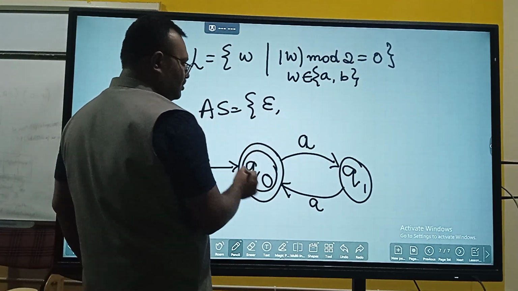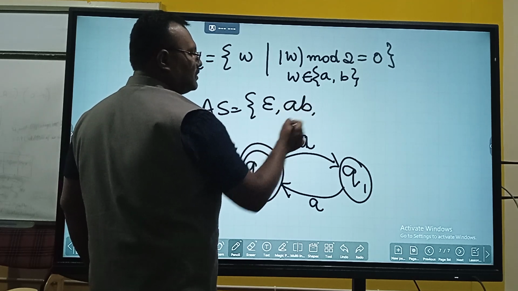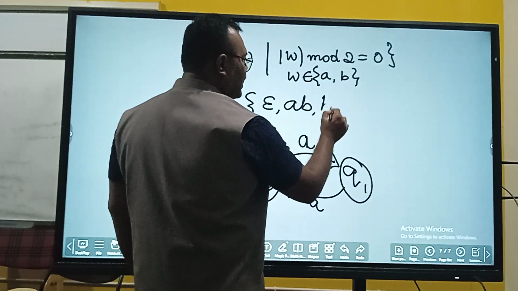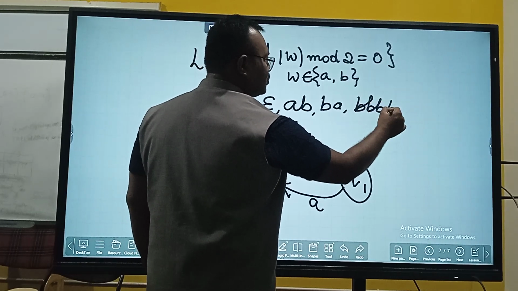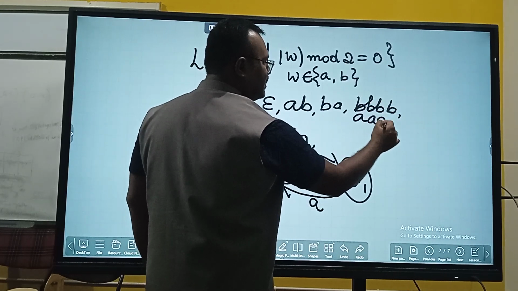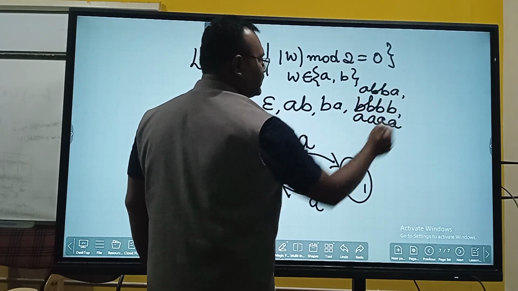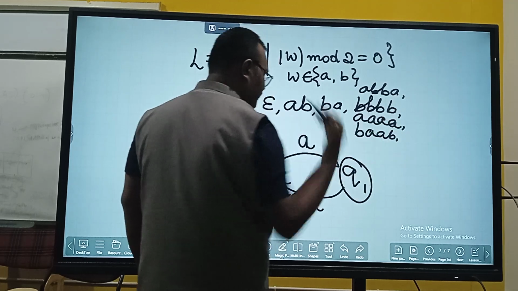Again it can be epsilon. So this remains the same. Next, AB should be accepted because the length is 2. BA should be accepted. B should be accepted, A should get accepted, and so on.